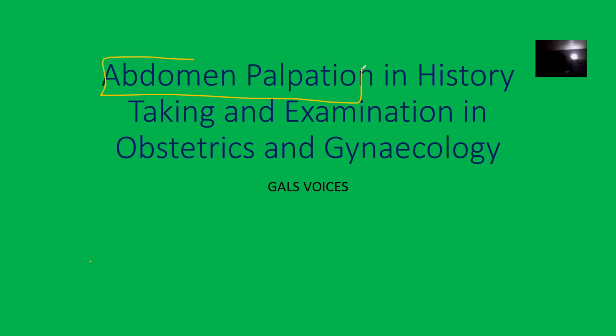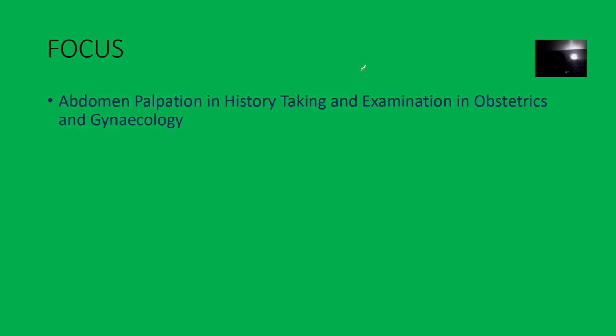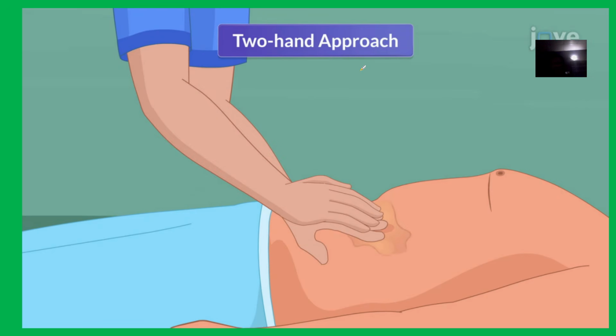Of course, the abdomen is very important because the abdomen is the structure that is next to the pelvis. You understand? So if there's any issue in the abdomen, it could reflect to the pelvis. If there's issues in the pelvis, it can also reflect to the abdomen. Now for abdomen palpation, can you see the two-hand approach or one-hand approach? You put your hand like this, okay, then you feel.